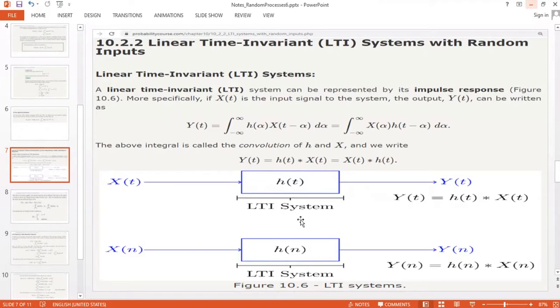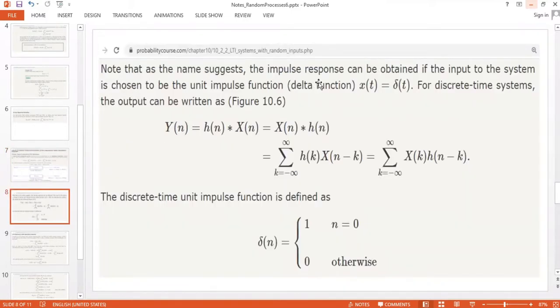Similarly, if you have a discrete time random process, then x[n] and h[n], and this is h[n] convolved with x[n]. When it is continuous, we integrate, and when it is discrete, we sum.